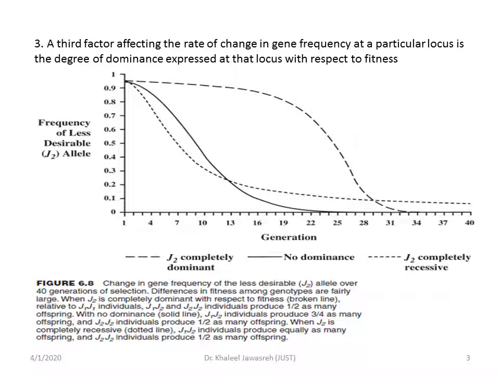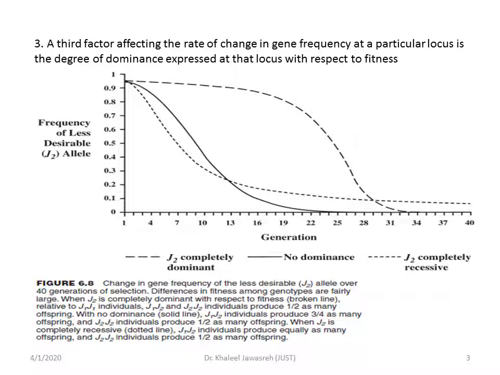Differences in fitness among genotypes are fairly large when J2 is completely dominant. As you see, with complete dominance, J2 is completely dominant; this is the broken line.